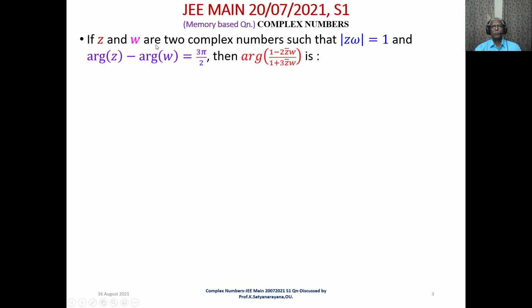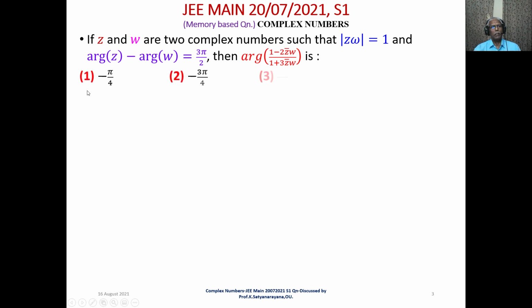If Z and W are two complex numbers such that the modulus of the product ZW is equal to 1 and argument of Z minus argument of W is equal to 3π/2, then we have to find the argument of (1 minus 2 Z bar W) whole by (1 plus 3 Z bar W).